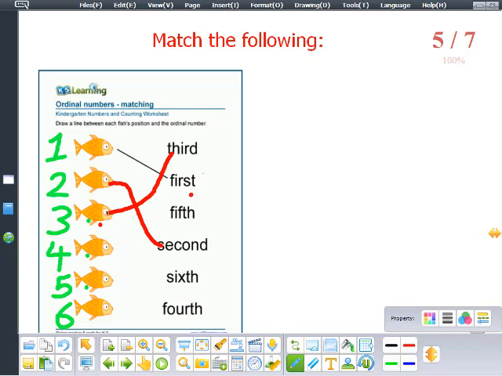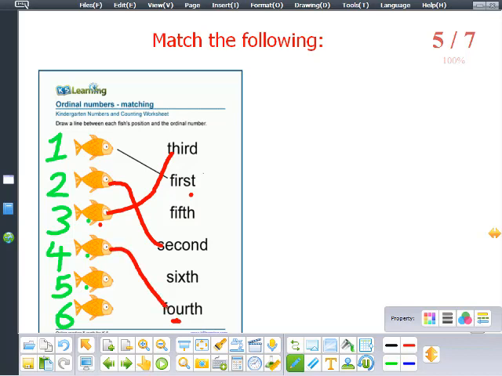Well, what about number 4? What do we call number 4? We call it fourth. So let's match number 4 to fourth. Well, where's fourth? Here it is. Match it to fourth.